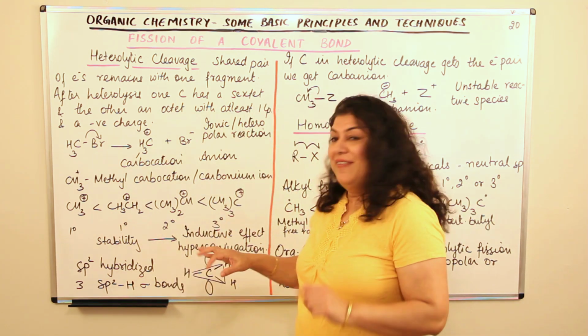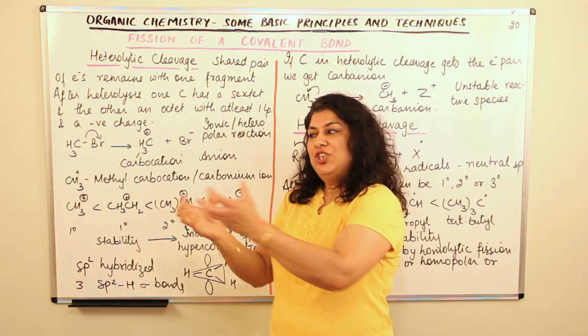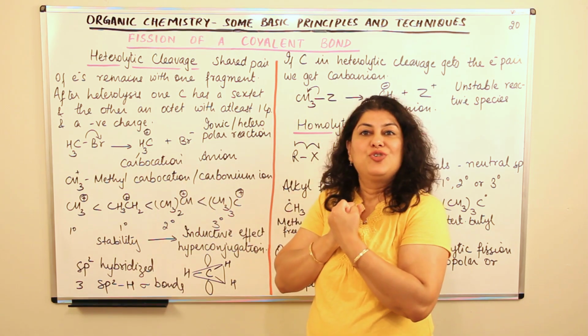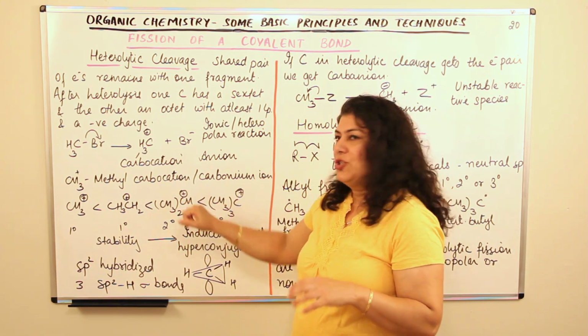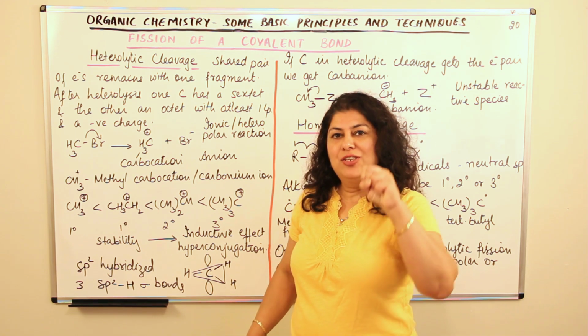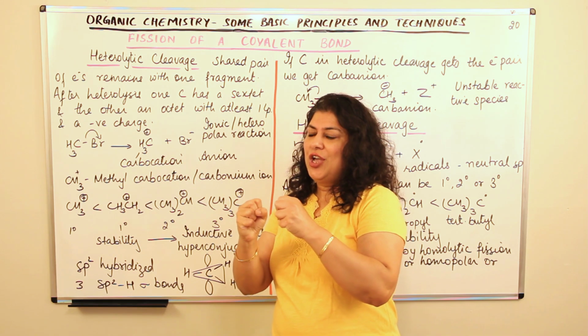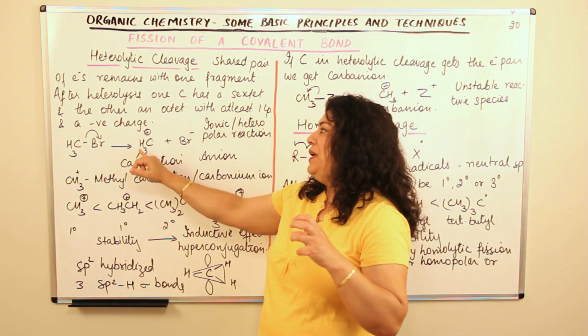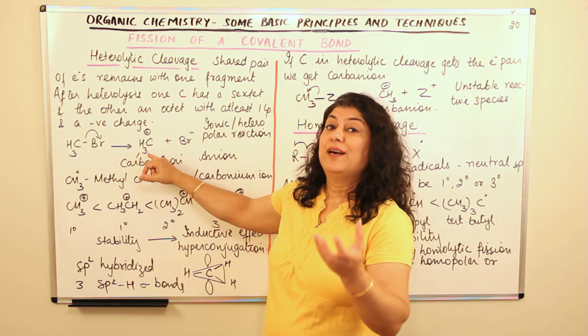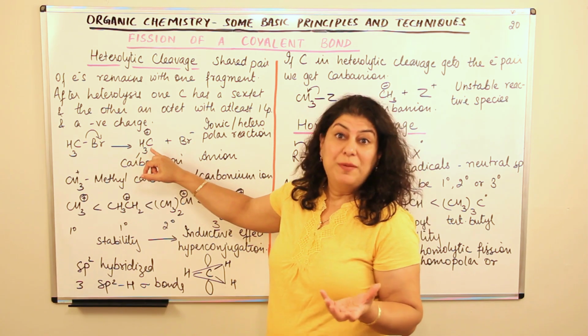So inductive effect is where you have a group which has a tendency to pull the electrons towards itself, thereby making the positive charge stronger. And any ion that has a stronger charge, its formation would be quicker, or it would be more stable.